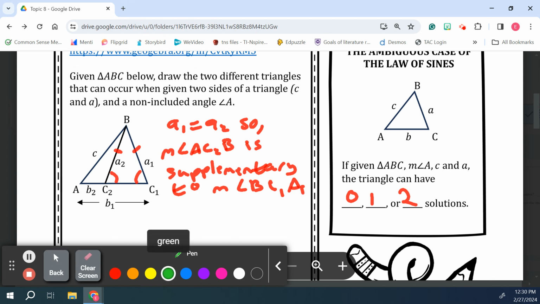We also have the height of this triangle right here. We're going to call it H. That's just by dropping an altitude.